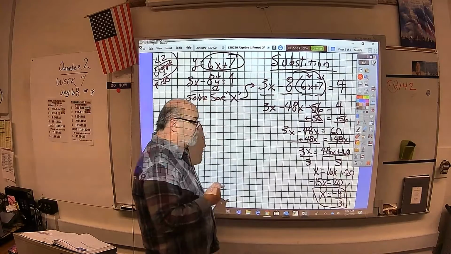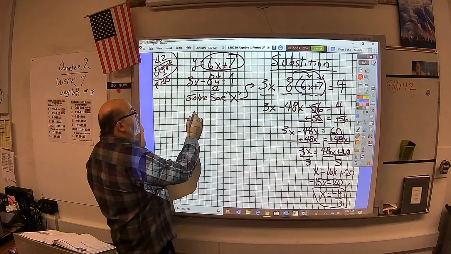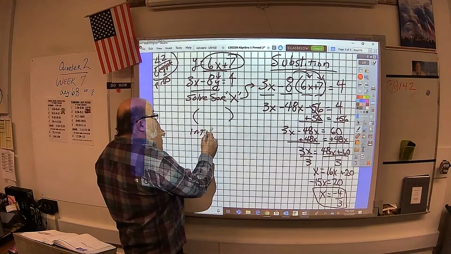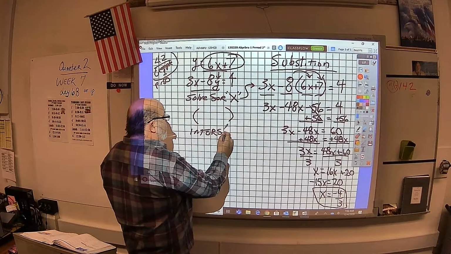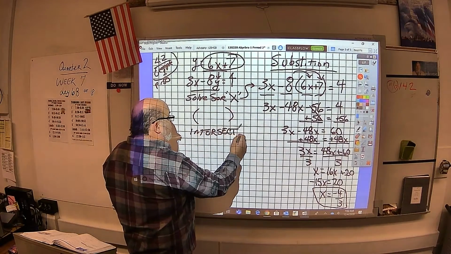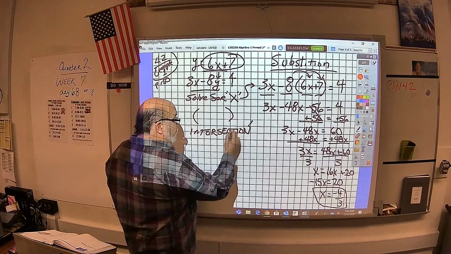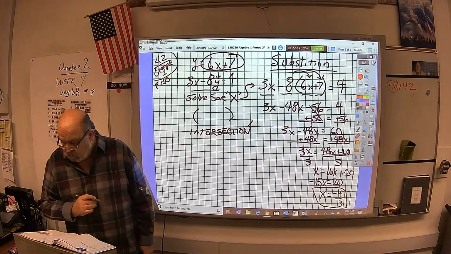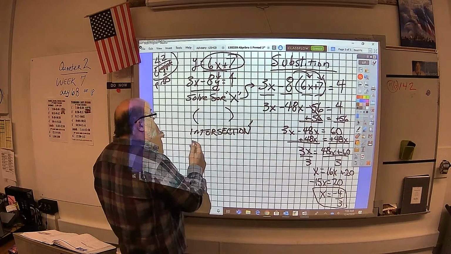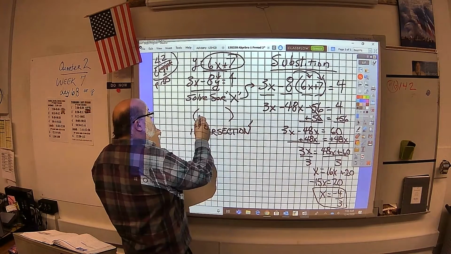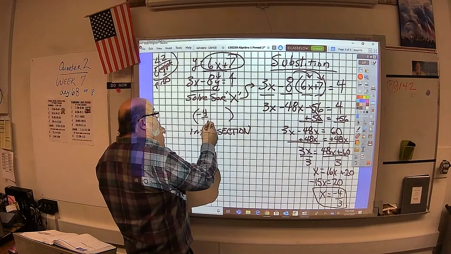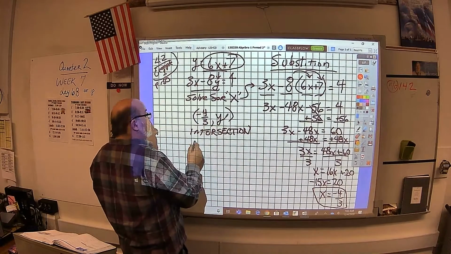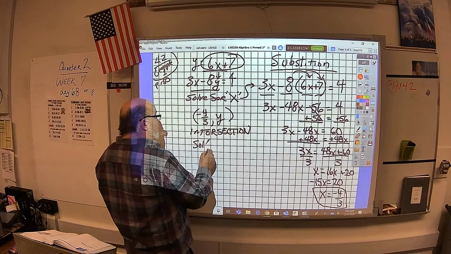And if we know x is equal to negative 4/3, then our intersection becomes negative 4/3 and whatever y is. Solve for y.